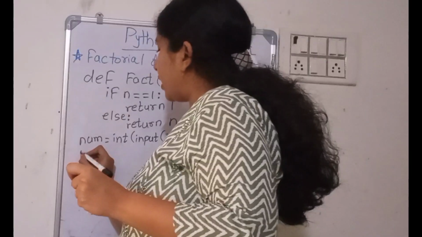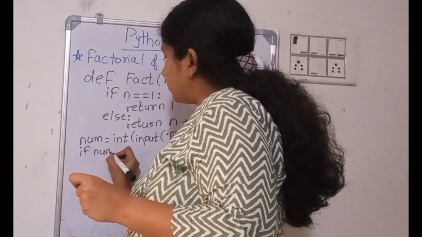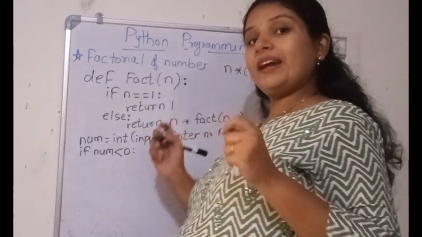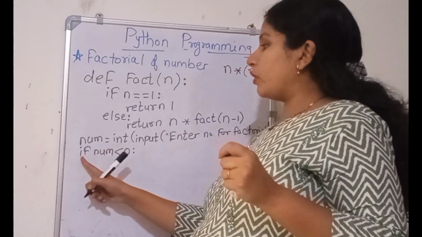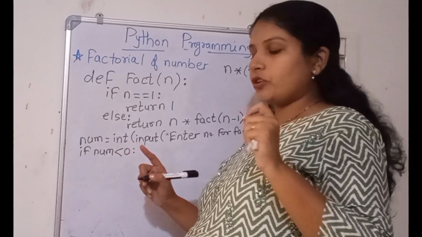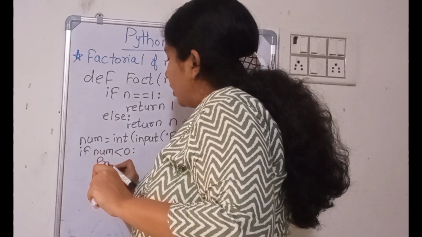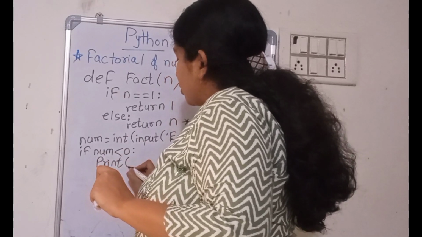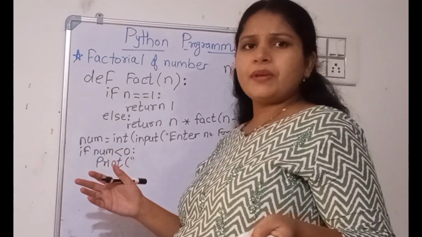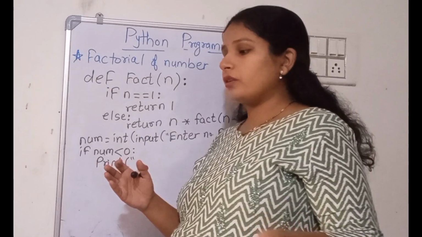So first condition, I will check if num is less than 0. That means what if the user enters any negative value? So if num is less than 0, that means it is a negative value. Then if this condition is true, I am just calling the print function, where you can put any message you want because you are just giving instruction to the user.